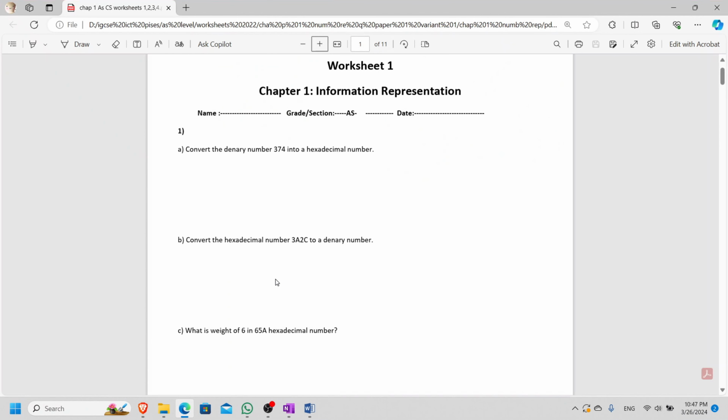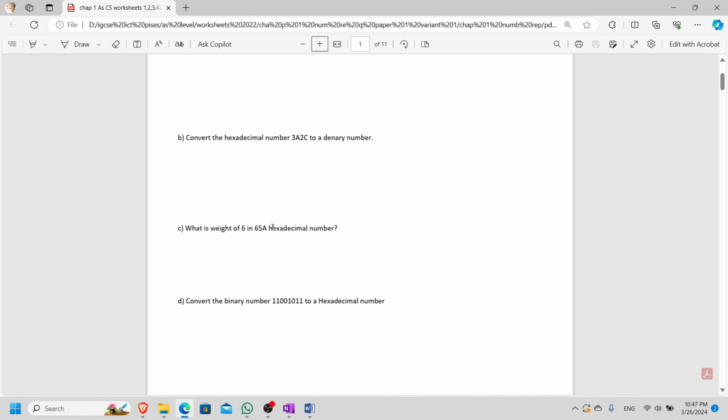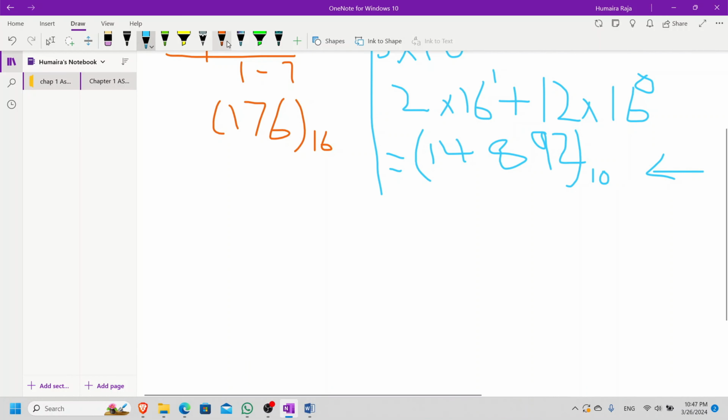Okay, next question. The next question is, what is the weight of 6 in the hexadecimal number 65A? Okay, 65A. Let's write it: 6, 5, and A. So they're asking for the weight of this number.